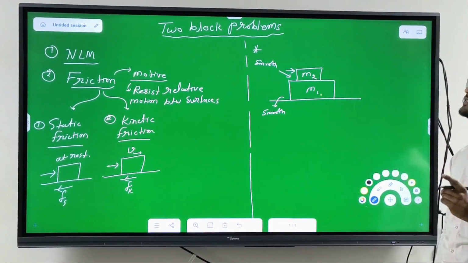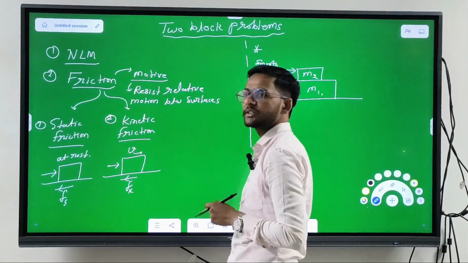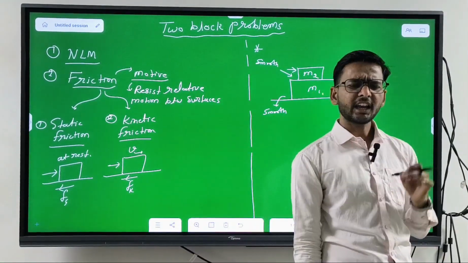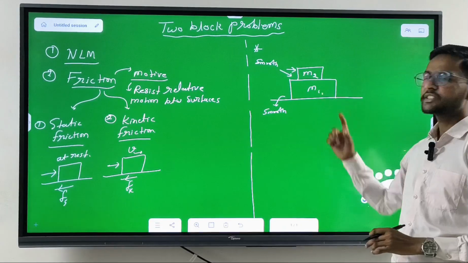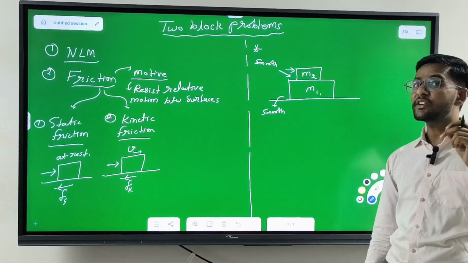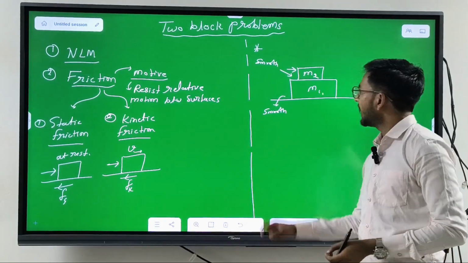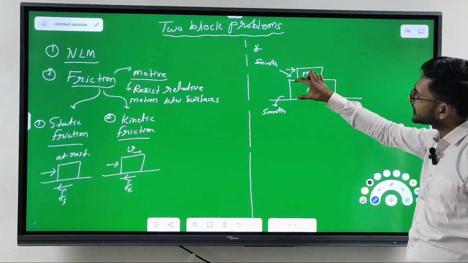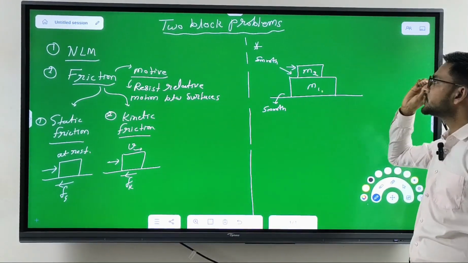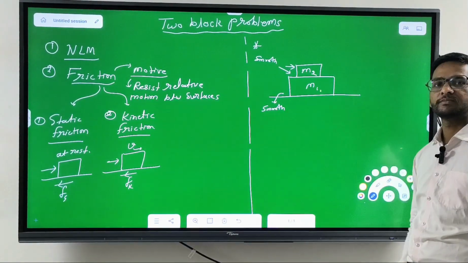What did we learn in Newton's first law of motion? Any body which is at rest remains at rest until and unless an external force is acting on it. If we talk about the block m1, there is no external force on m1.